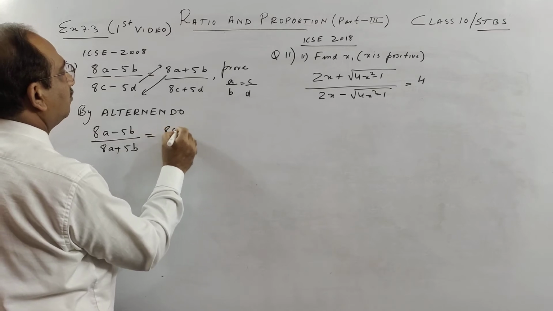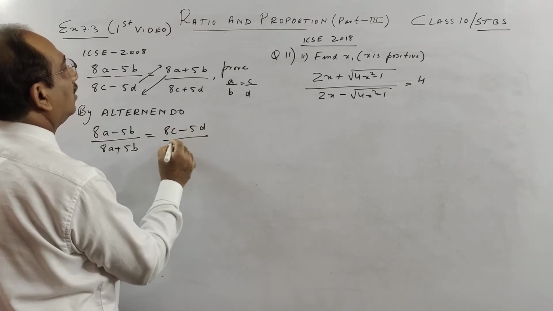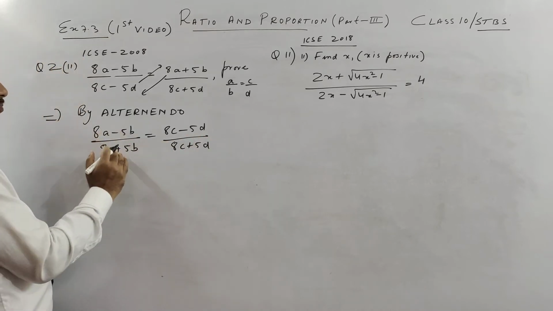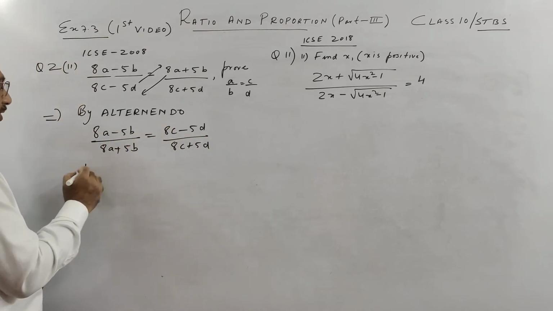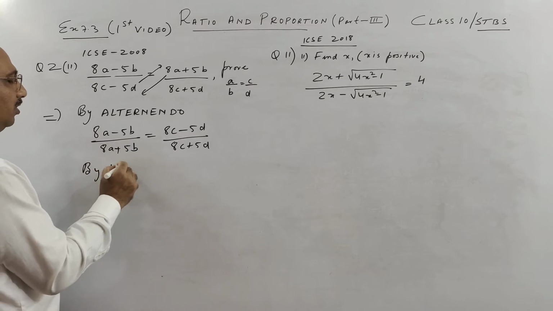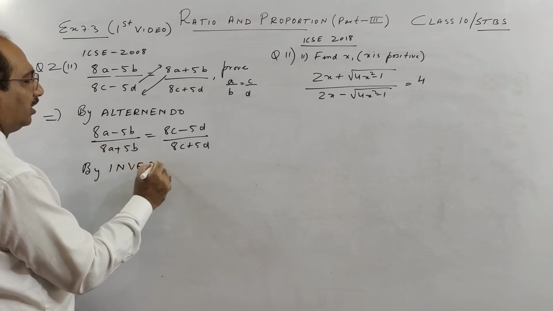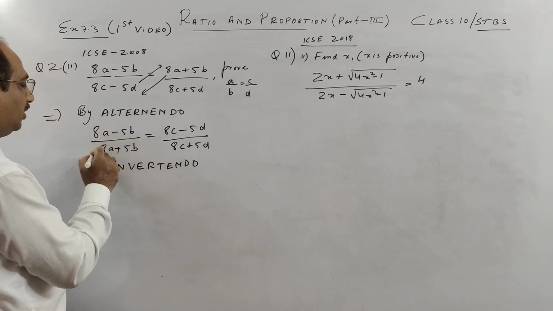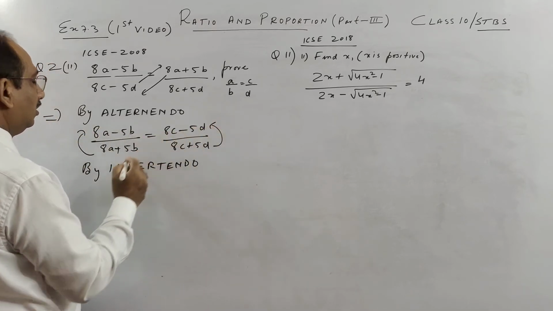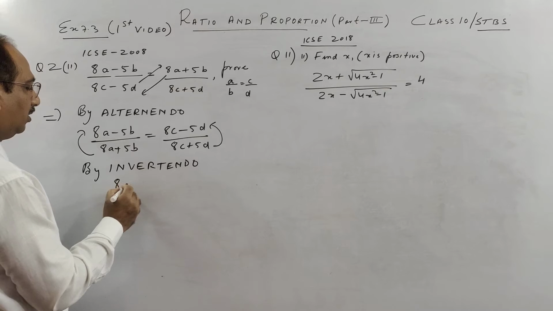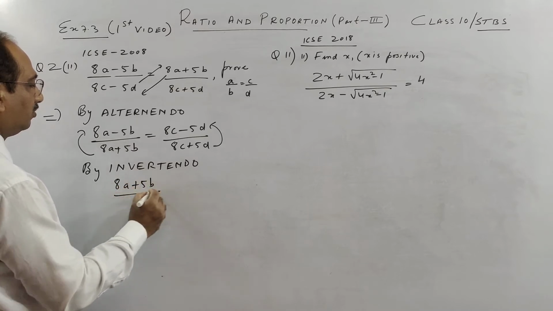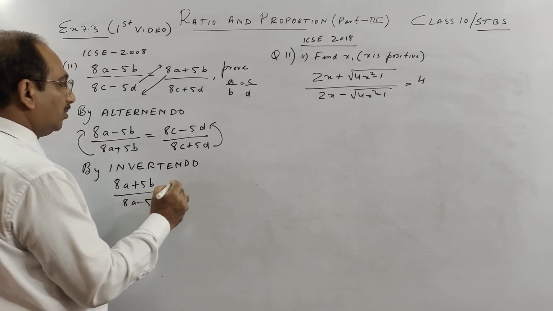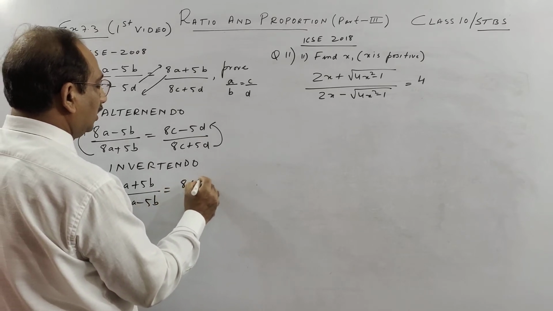So 8C minus 5D by 8C plus 5D. But you see, minus is up, plus is down. So again, what we do by invertendo, we invert it. Invertendo, we get the reciprocal of the ratio on both sides. So these two steps do carry marks, children.